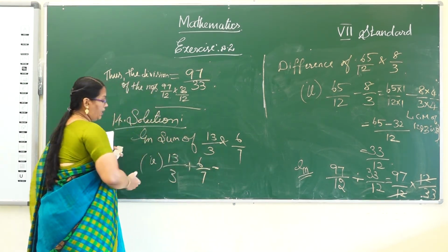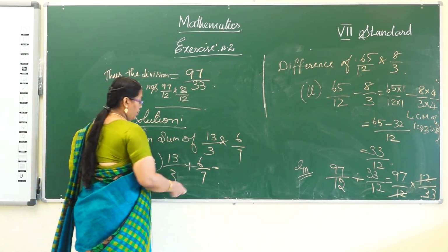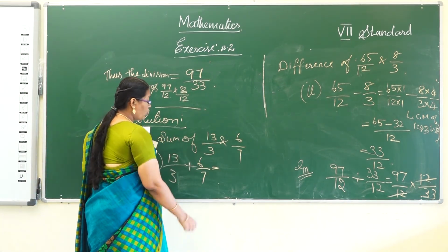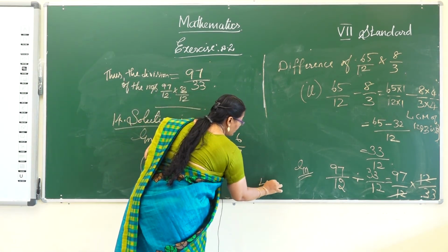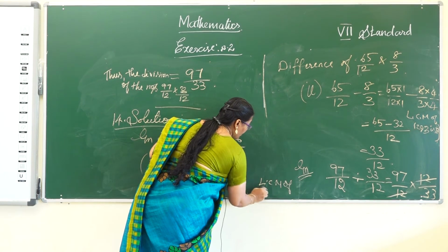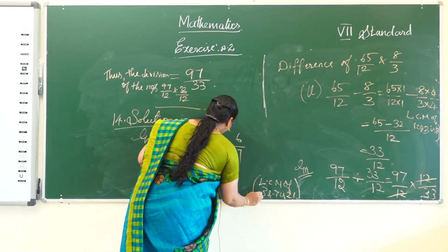Here the denominators are different. Two unlike fractions are given. So in this case you should find the LCM. What is the LCM of 3 and 7? 21. LCM of 3 and 7 is 21.